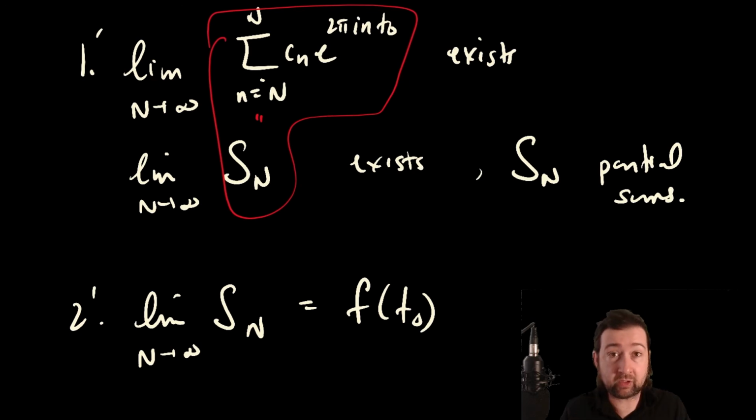And we allow jump discontinuities to exist in the derivatives as well. For example, in the triangle function, the derivative has a jump discontinuity because you go from slope 1 to, say, slope minus 1.